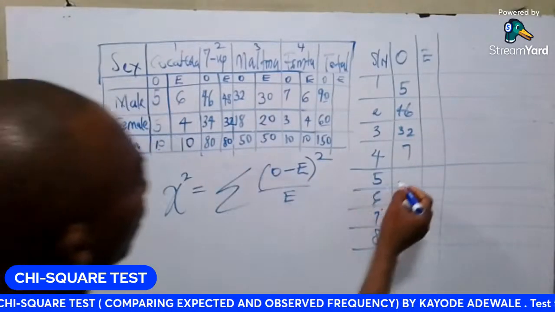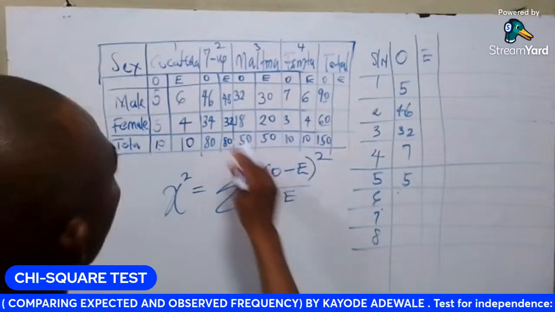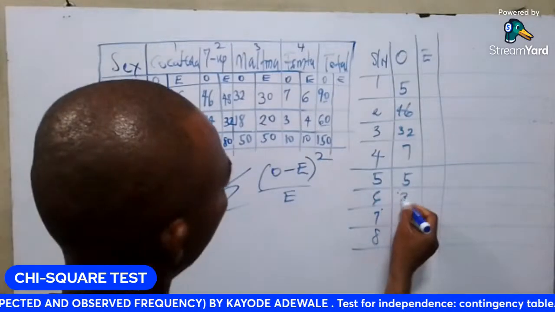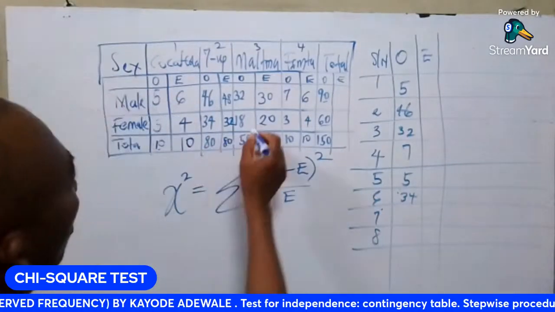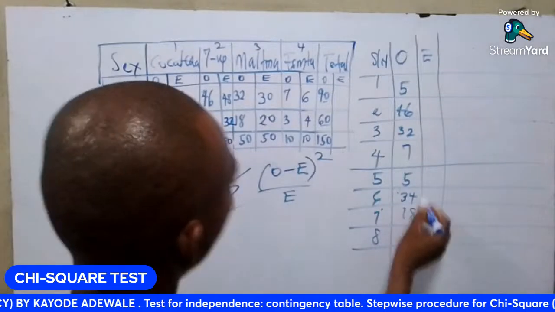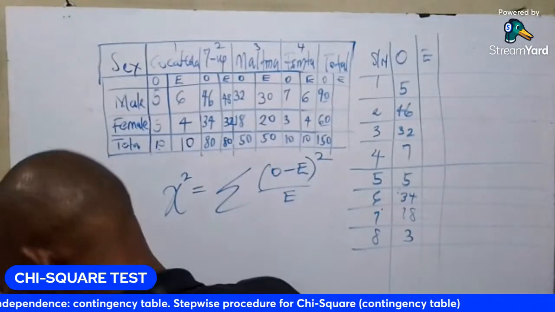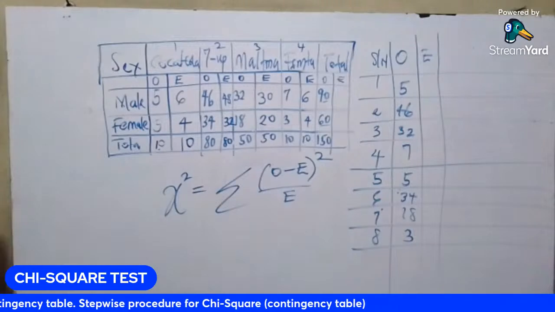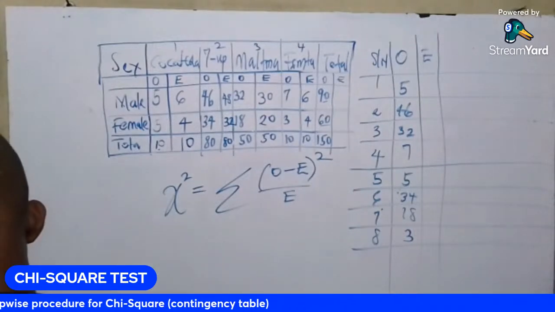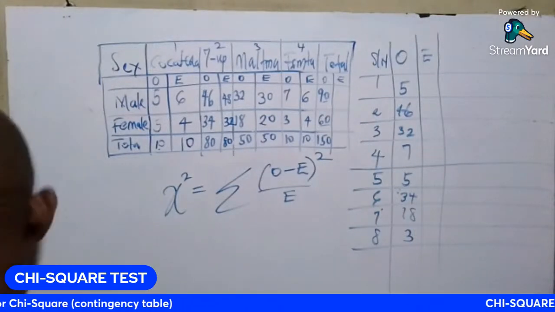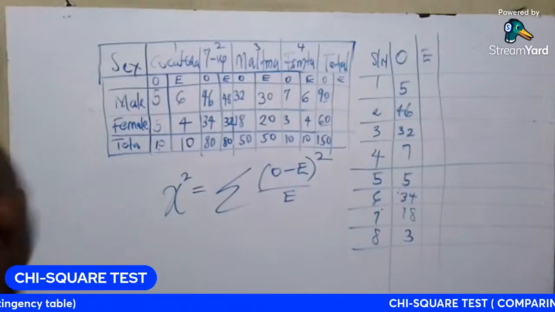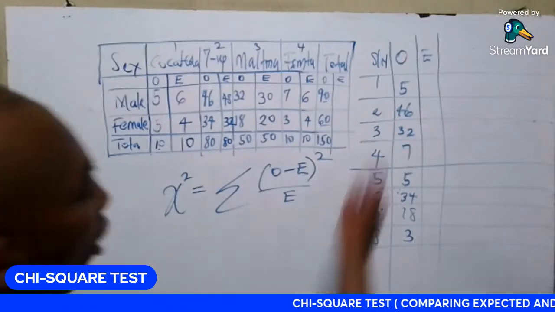For female, don't forget, 5, 34, 18, and 3. So let me just confirm that is 5, 46, 32, 7, 5, 34, 18, and 3. So those are my observed values.